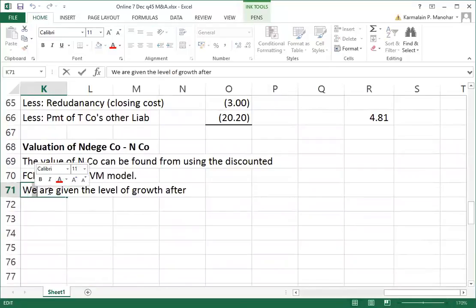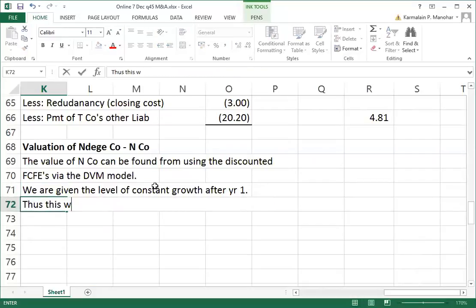Level of constant growth after year 1. Thus, this will be discounted as a deferred perpetuity from year 2 onwards.